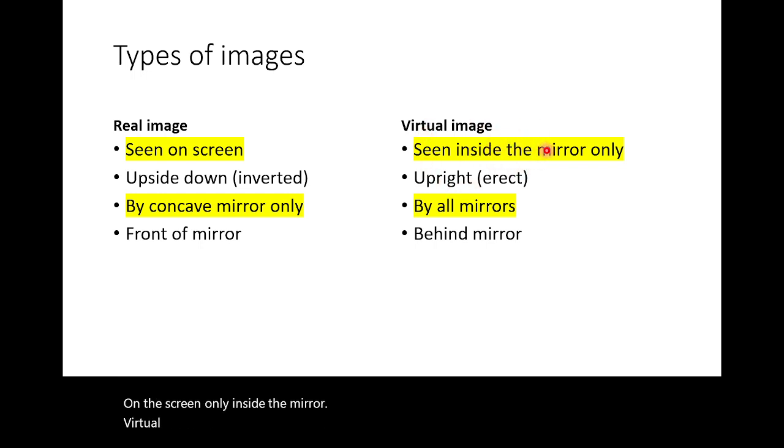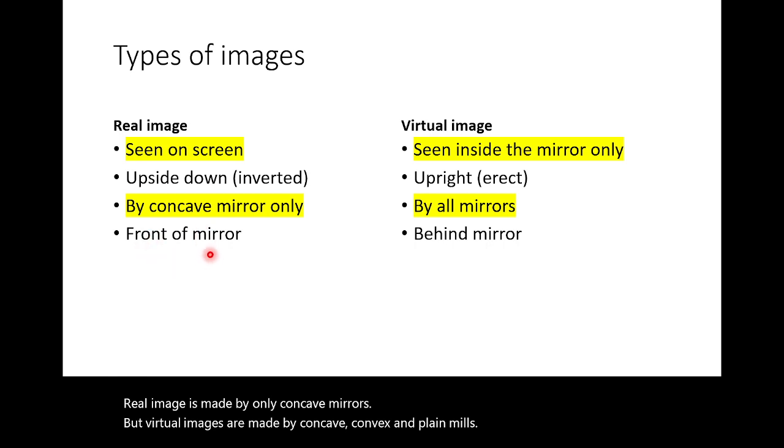A virtual image is always seen inside the mirror. A real image is upside down, always inverted. Virtual is upright or erect. A real image is made by only concave mirrors, but virtual images are made by concave, convex and plane mirrors.